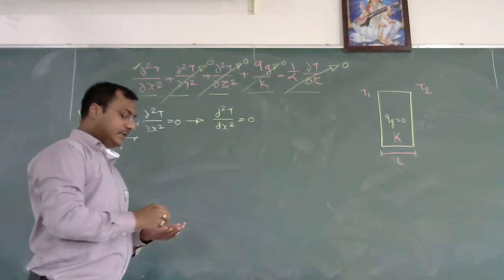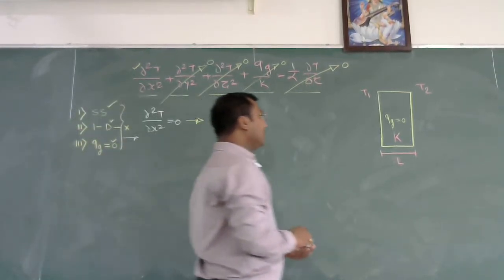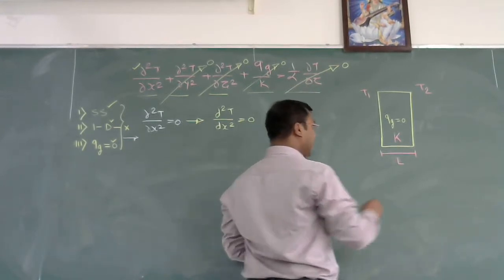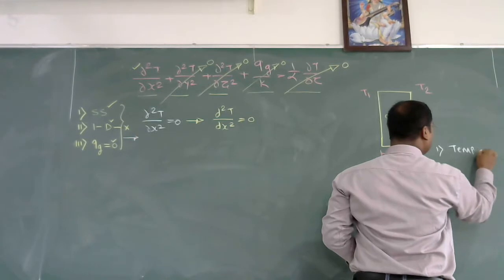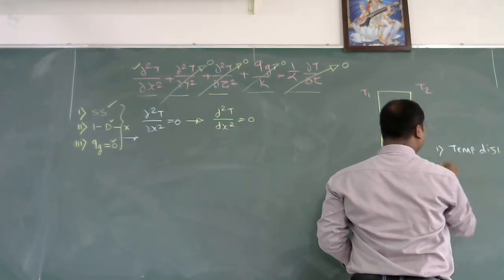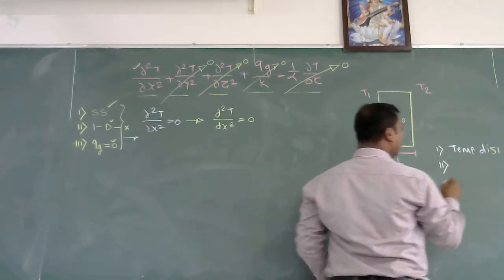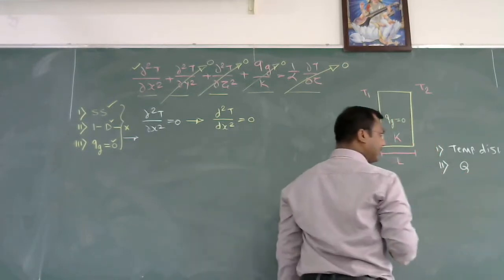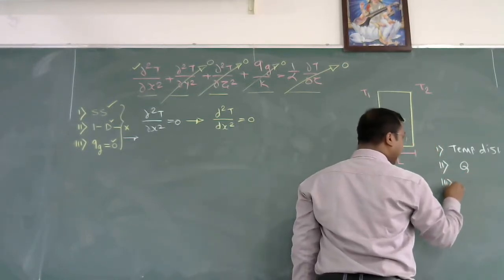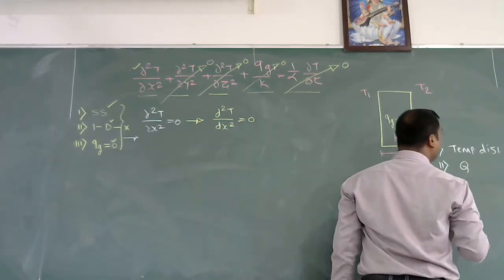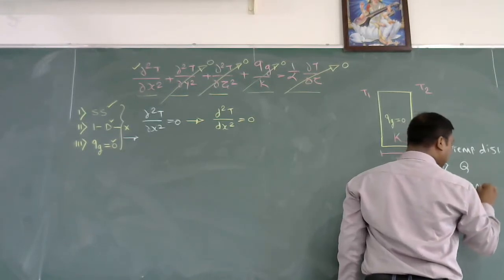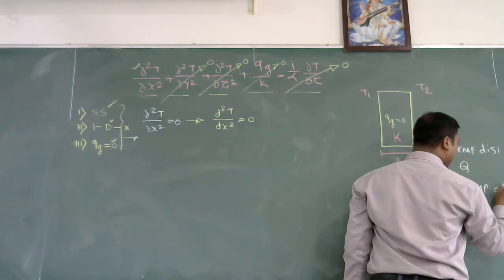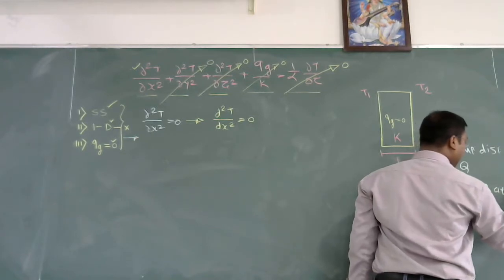Now my objective is to find the temperature profile. Very first, I need to find the temperature distribution in the plane wall. Secondly, I need to find the heat transfer rate, and third, I need to find the temperature at any location.